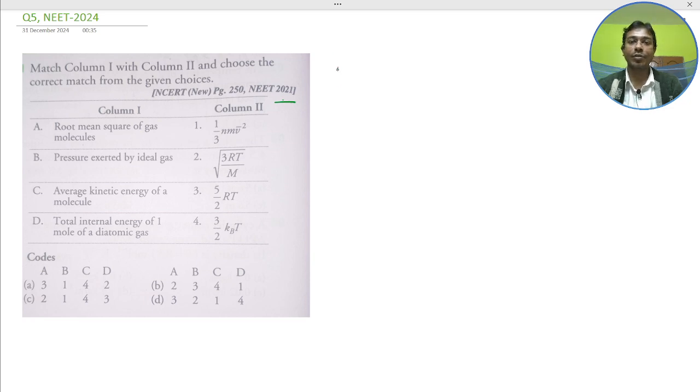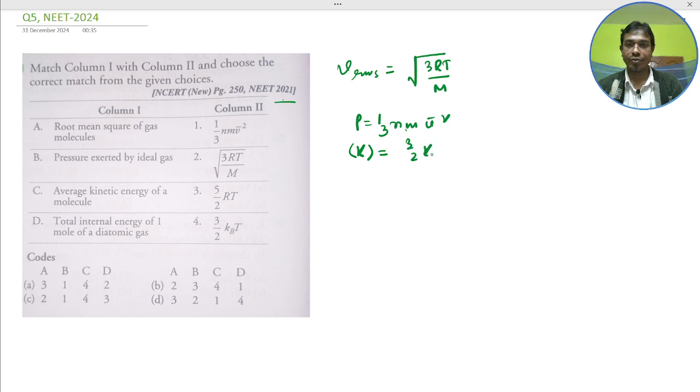We know that V_rms is √(3RT/M), and P is 1/3 ρc², 1/3 ρ means NmV average square, and the average kinetic energy is 3/2 k_BT, and f is 5 degrees of freedom.